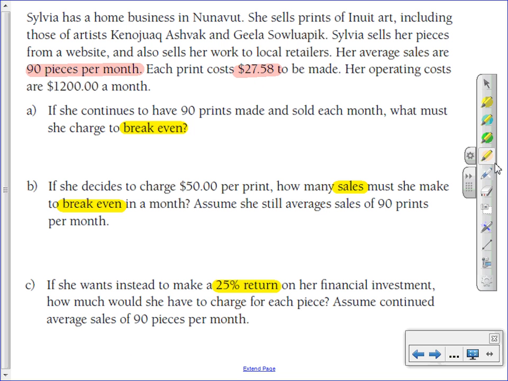And the costs are $1,200 a month. So does she break even? You got to figure out, well, if I take 90 pieces a month times $27.58, which would be your input, your revenue, and your costs are $1,200, do you break even or do you make money?